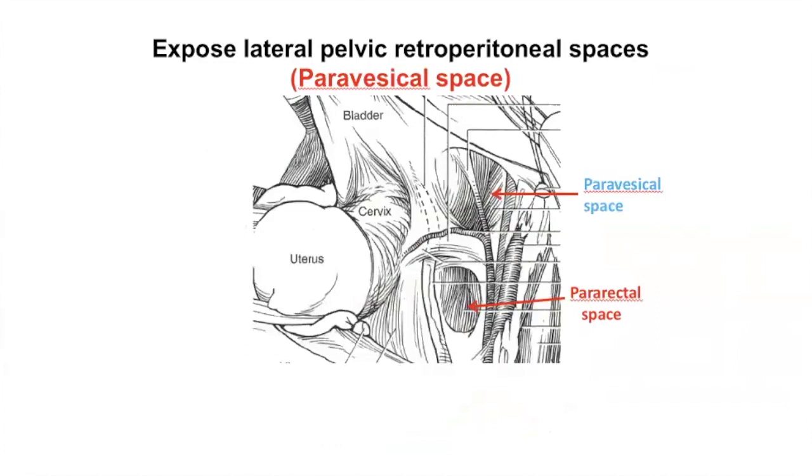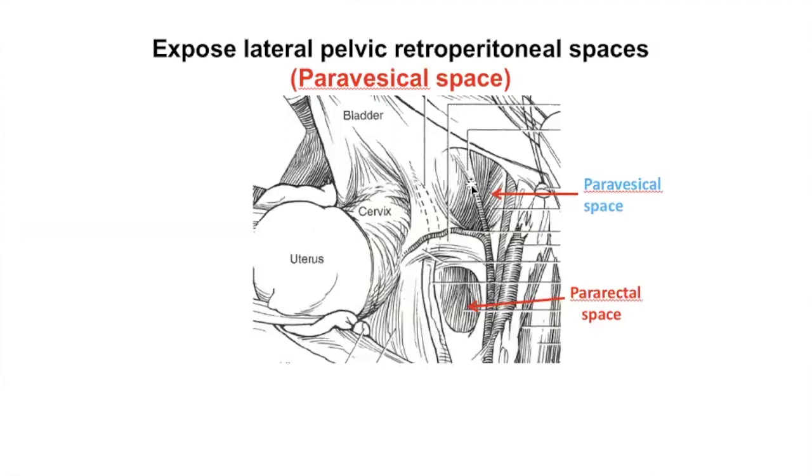Again, the paravesical space is developed by retracting the obliterated umbilical artery medially and bluntly dissecting downward towards the pelvic sidewall anterior to the uterine artery.